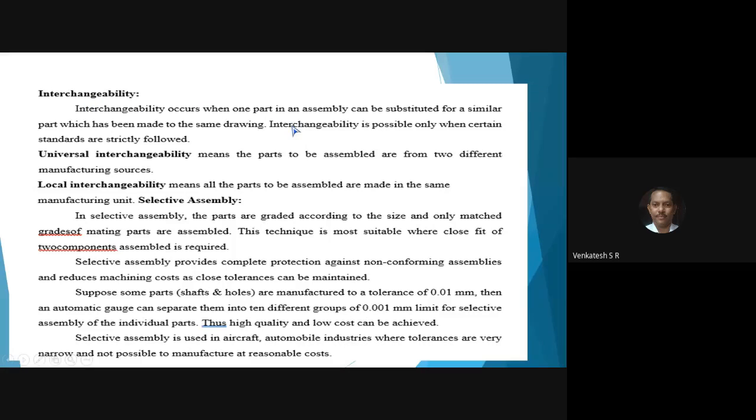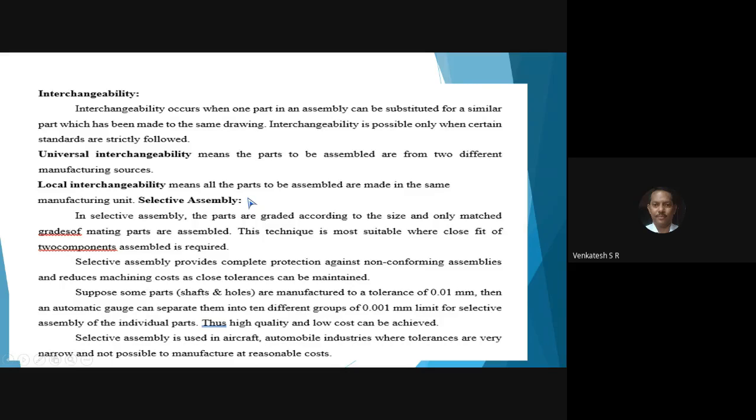Throughout the world or the universe, that is called universal interchangeability. Suppose in Shimoga itself, if you get the components for your machine tool or your engine, that is called local interchangeability. And then next come to the point, selective assembly.